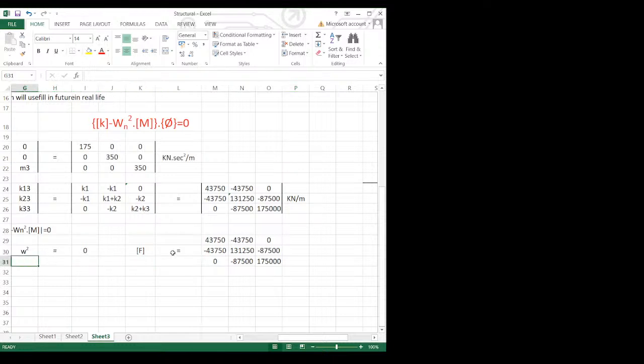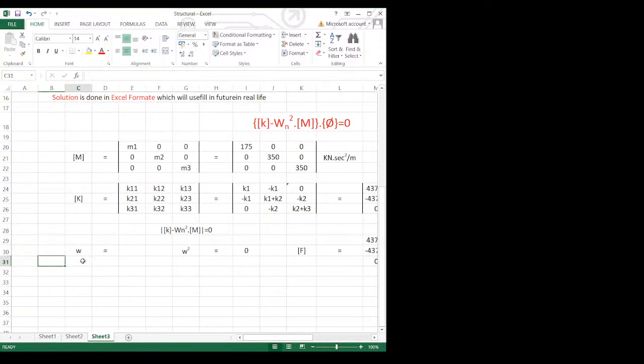Okay, now we have to find the determinant of the F matrix. The determinant of the F matrix is equal to... wait. What we have to do?